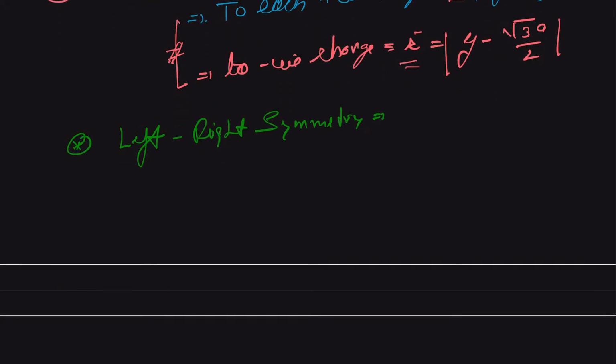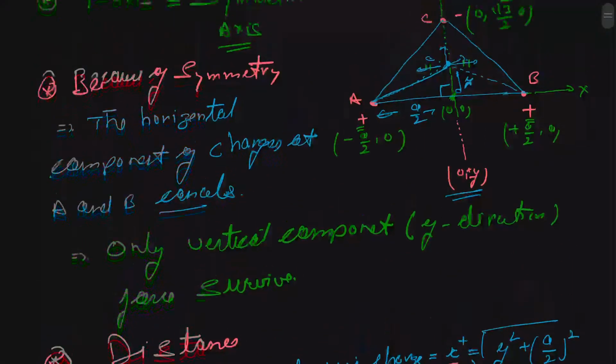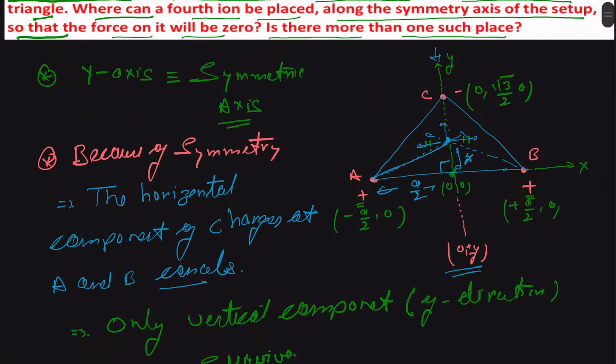There is no up-down symmetry. Up-down symmetry would mean that, like we have a negative charge at C, there would be a corresponding negative charge on the other side, but that is not present here, so it doesn't have any up-down symmetry.